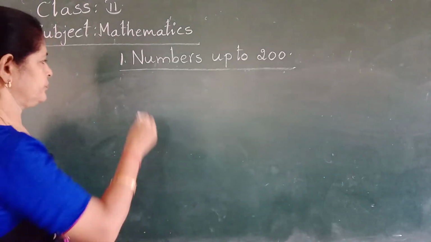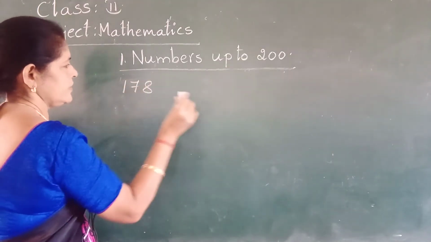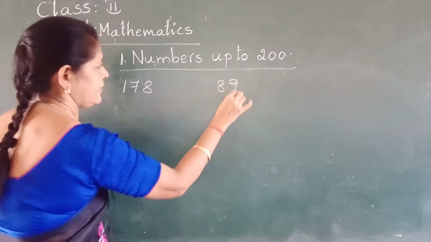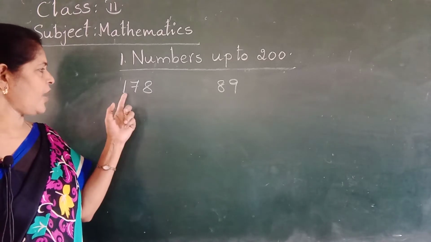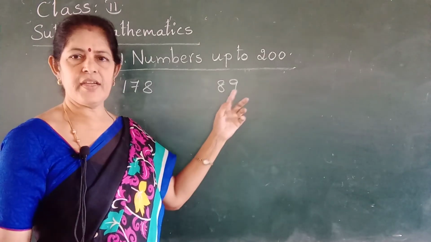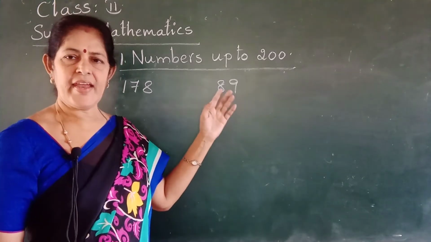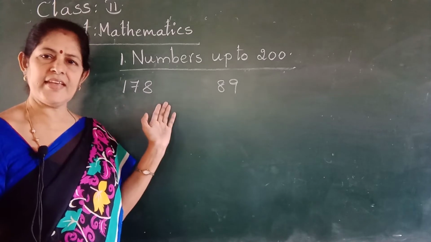See, 178 and 89. How to compare? Look at the digits. 1, 2, 3, this is a 3 digit number. 1, 2, it is a 2 digit number. 89 is a 2 digit number, 178 is a 3 digit number.